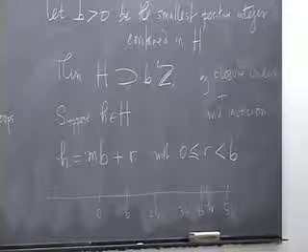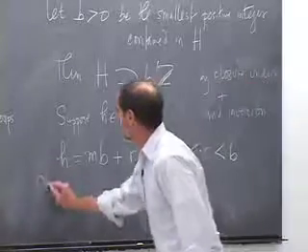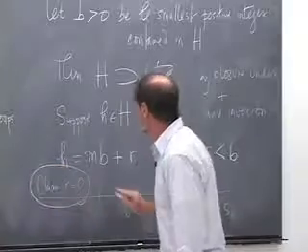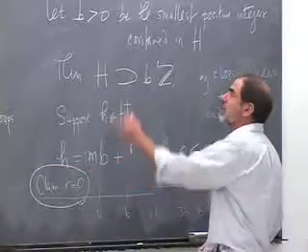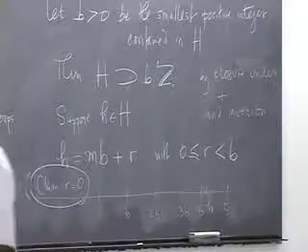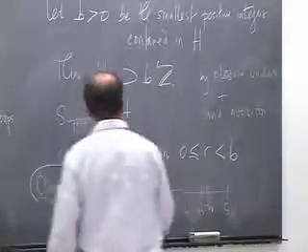Okay? Now, I claim that r is equal to 0, which will show that h is actually a multiple of b, so that this exhausts the subgroup. And the proof is, if not, why?